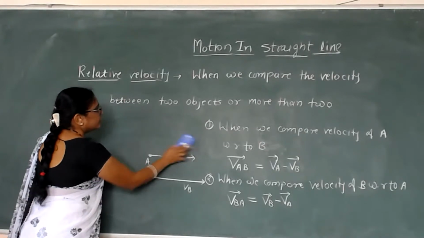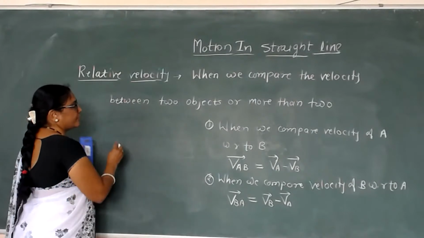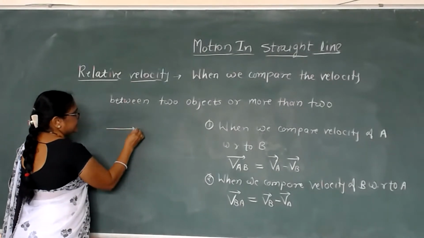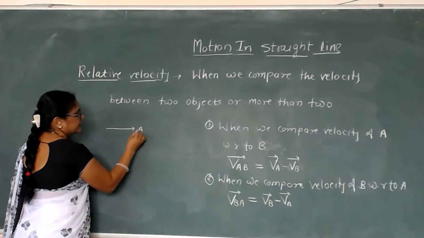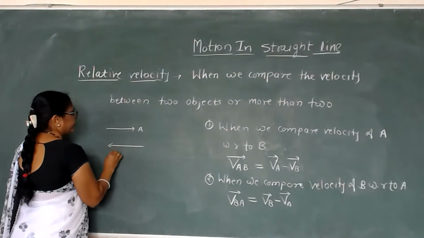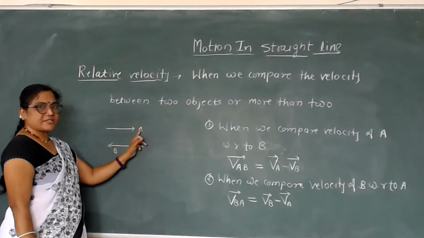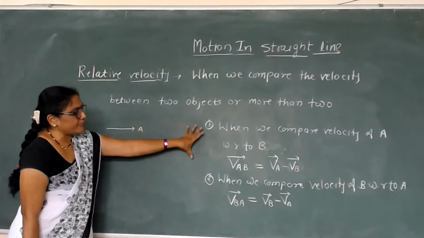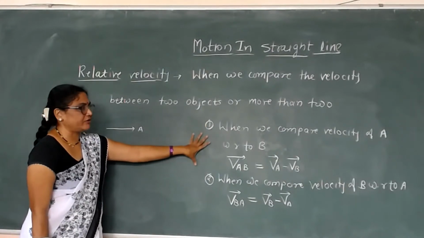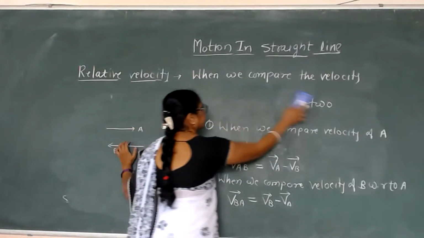But when both objects are moving in opposite directions, for example A is moving in this direction and B in the opposite direction, the relative velocity is different.